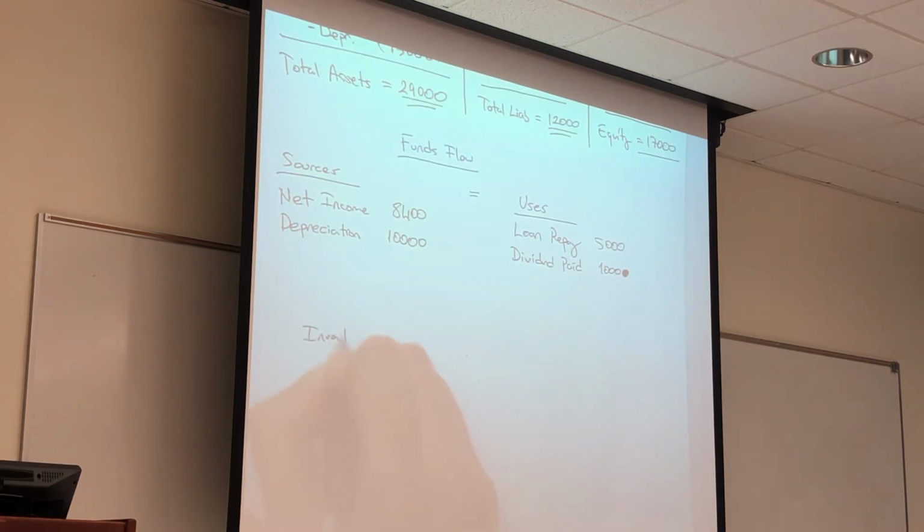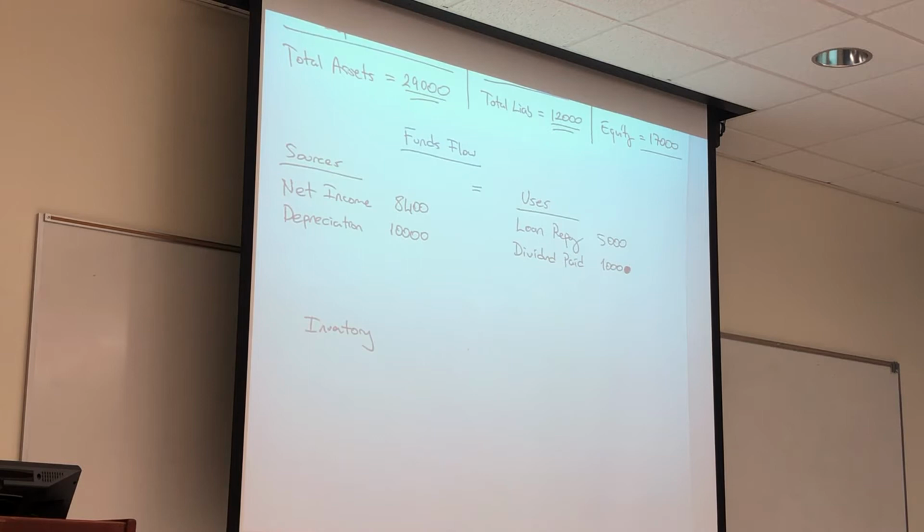Inventory. If inventory is increased, what do you think it's going to go to? Source or use? But we increased what we have in our warehouse. Is it a source of income for us? We use the money. Right now we use the money to get more stuff. Right?